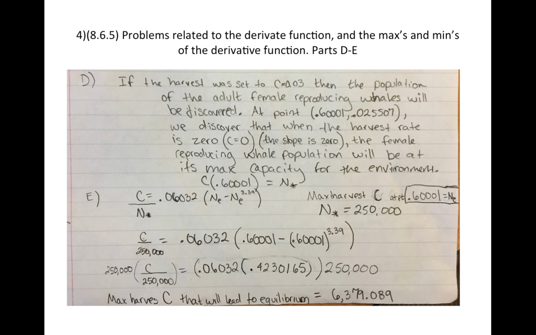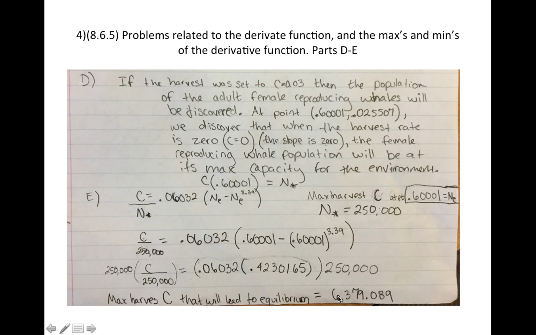And then the max value that C will have that leads to equilibrium is walked through in this problem right here, and we got a value that was supposed to be around 6,000, which this is pretty darn close. I like that value.